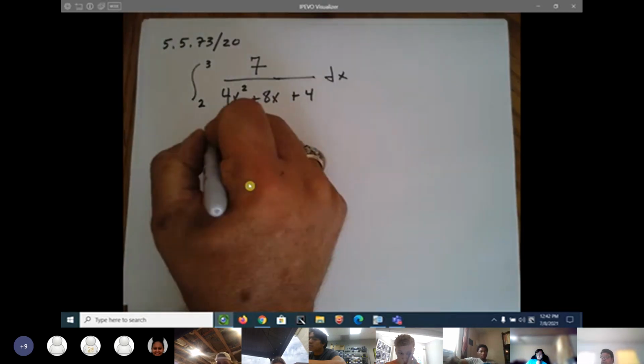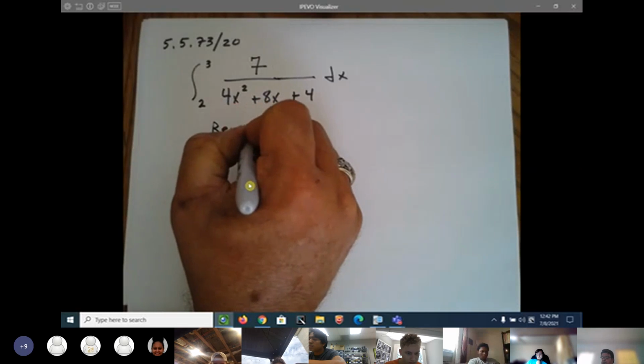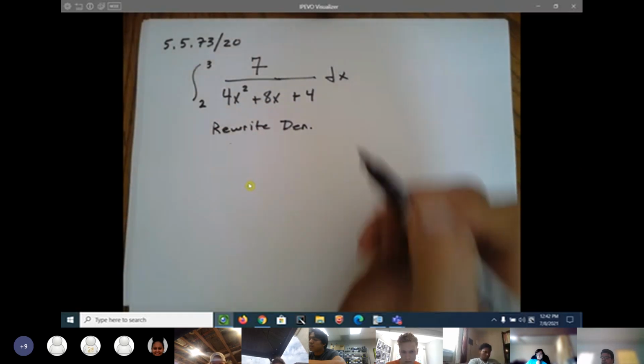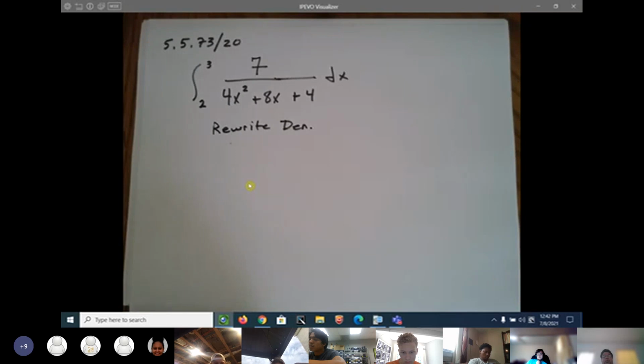The first thing you want to do is rewrite the denominator. How can you rewrite the denominator? Well, it's a shortcut. Shortcut number 1.